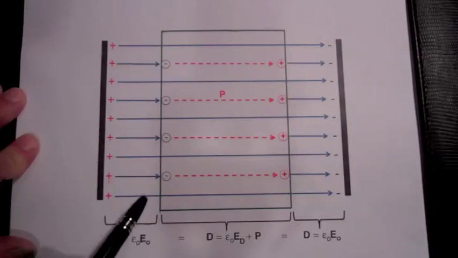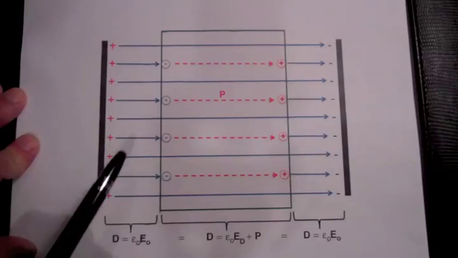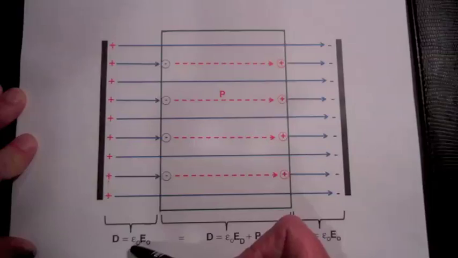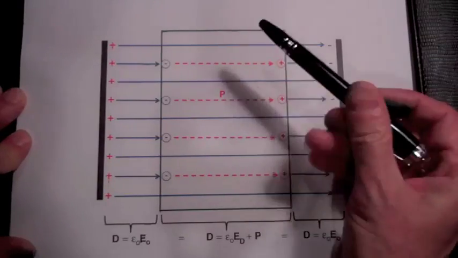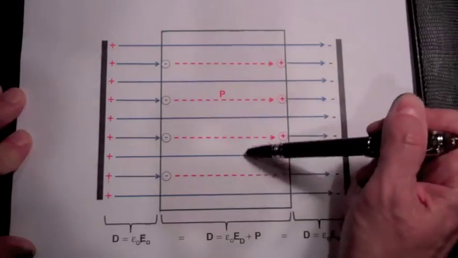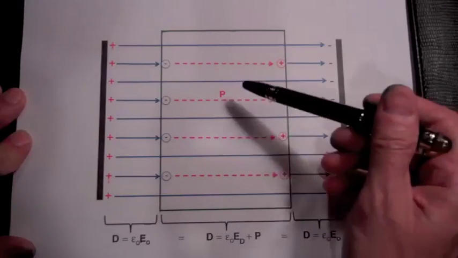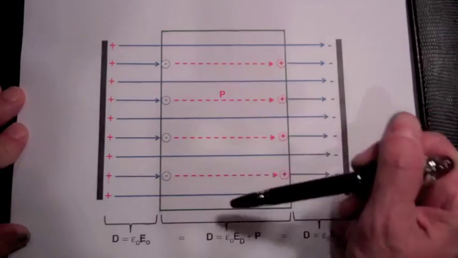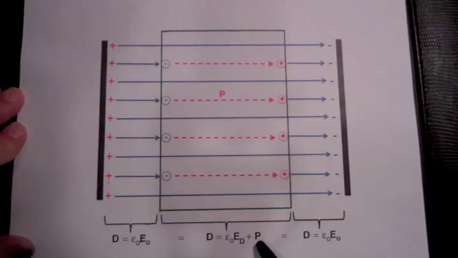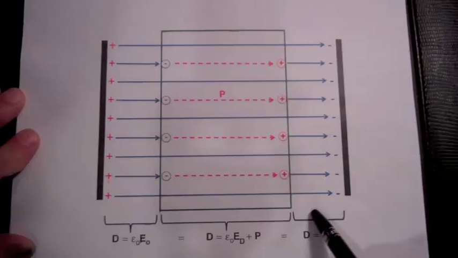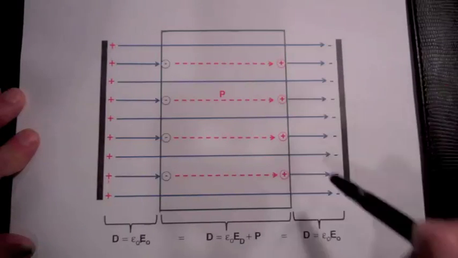In these regions, there's no polarization because there's no dielectric, so everything remains the same with D equals epsilon sub 0 E. Since we now have a polarization field in here, D is equal to epsilon sub 0 times the resulting electric field in the dielectric plus the polarization. And the right-hand gap, again, will not have changed.